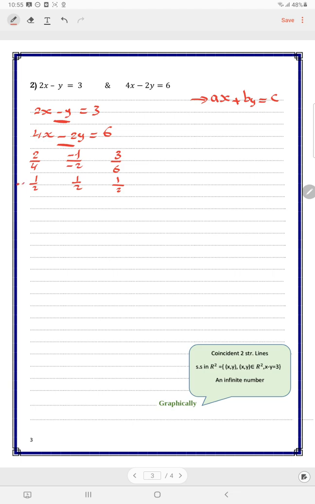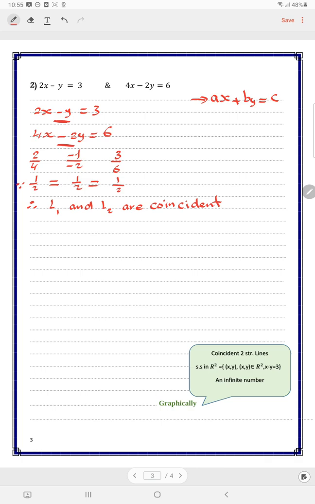Now, since the three ratios are equal, therefore the two straight lines L1 and L2 are coincident. The two straight lines are exactly the same.